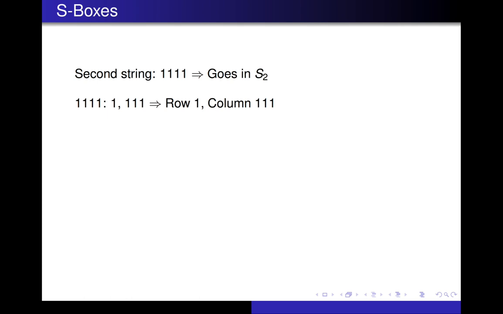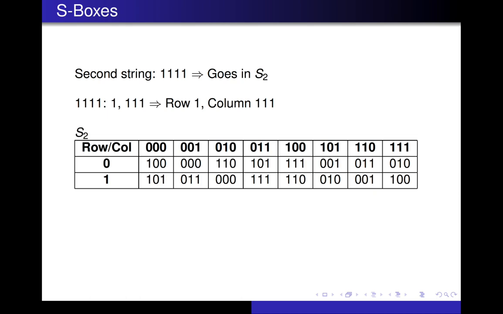So row 1 means the second row, column 111 means, well, that's number 7, the last column. So here's what our S box looked like. And if you go to row 1, column 111, that's that one right there in the lower right-hand corner, 100. So those are the 3 digits that we get from our second S box.